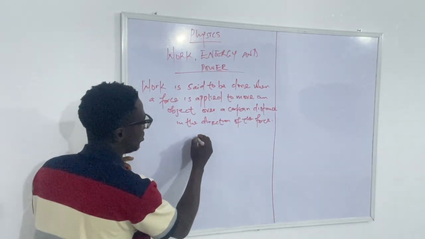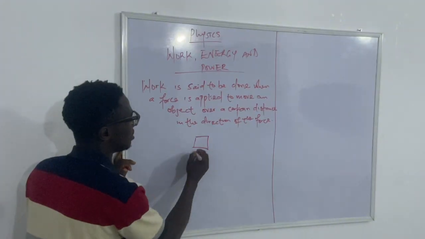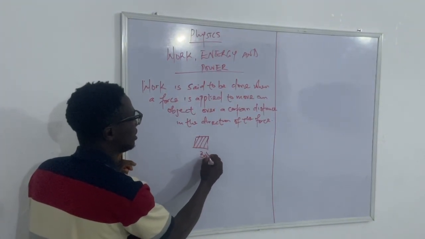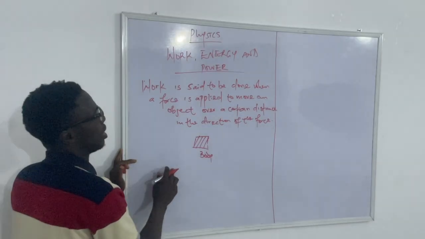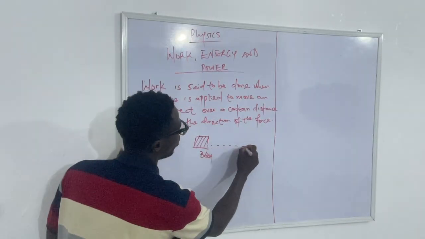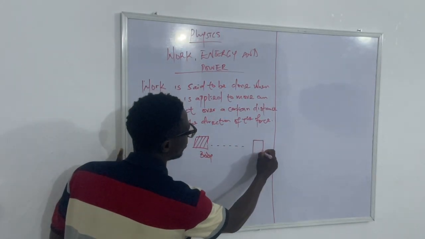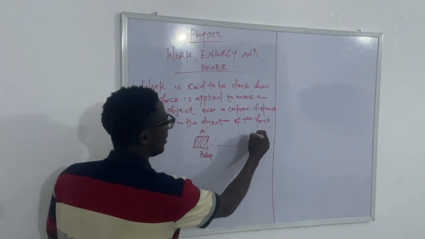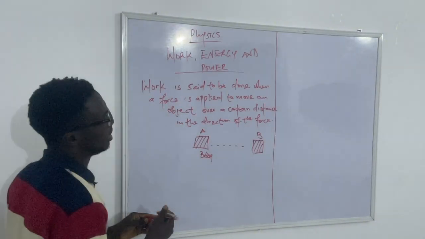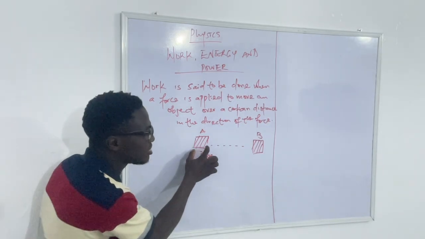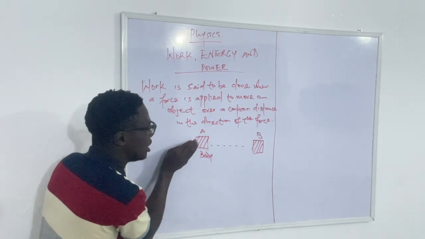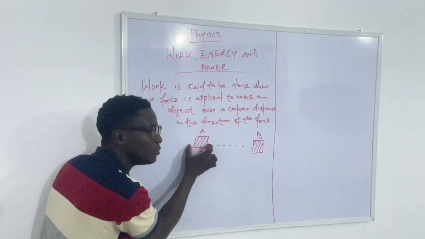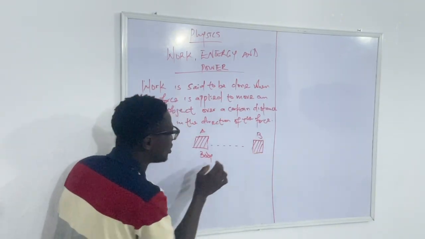Let's assume we want to move this body to this position. This is position A, this is position B. Now, a force must be applied to pull or to push this object from this position to this position.